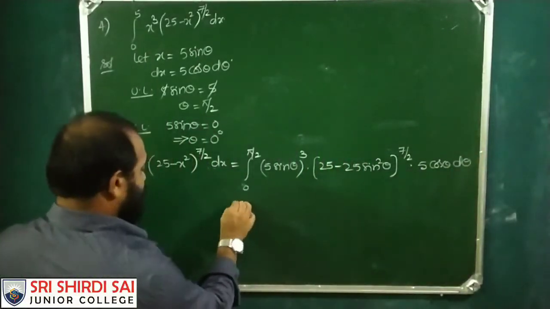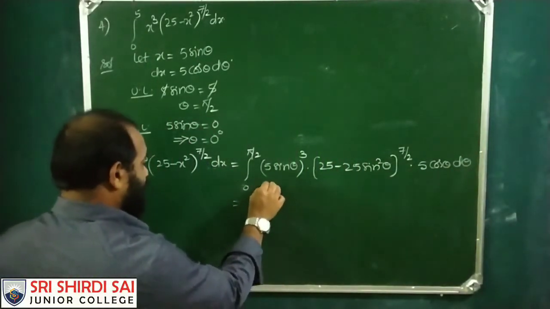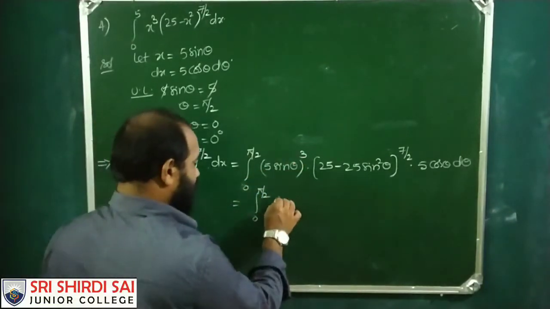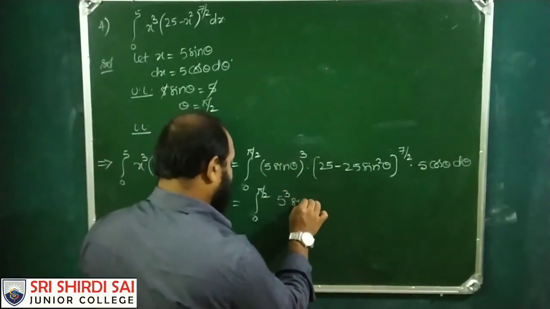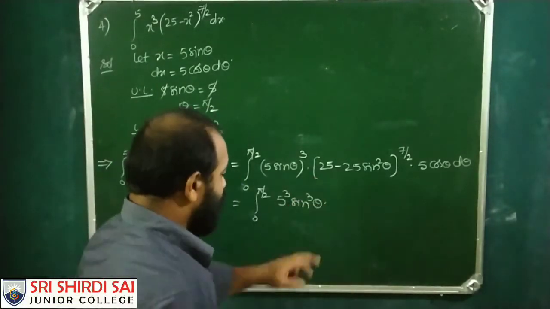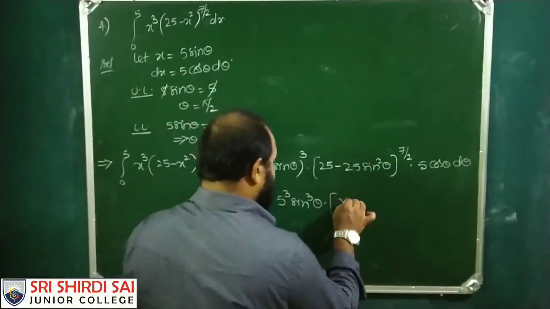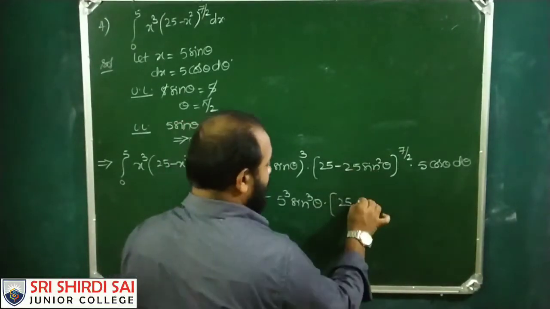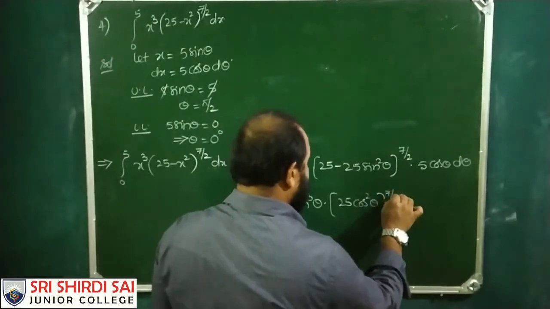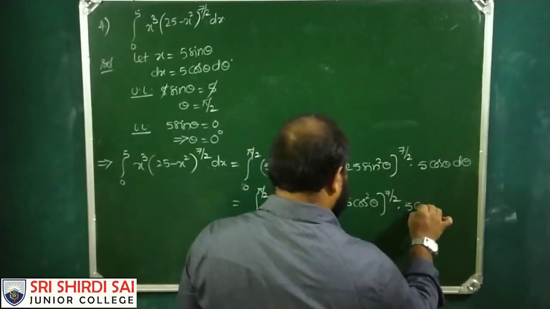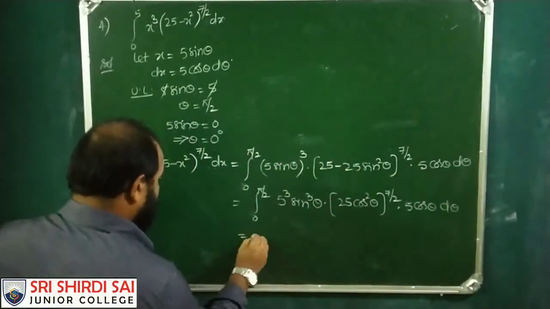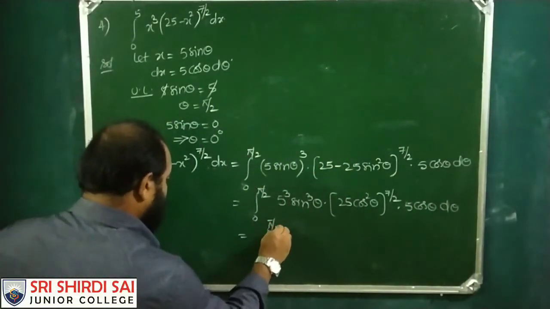This is equal to 0 to pi by 2. This is 5 cube into sin cube theta into, if I take 25 out here, 1 minus sin square theta, so 25 cos square theta whole power 7 by 2, into 5 cos theta d theta, 0 to pi by 2.